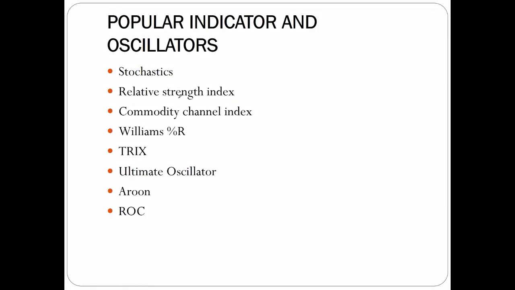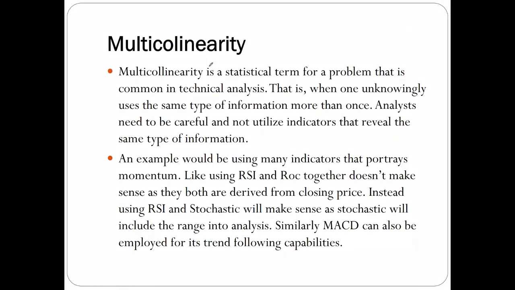Alright, if you are doing technical analysis and if you are already a trader, you must have come across all these things. If not all, maybe 80% of these things. And I'm very sure that you must have tried it also on the charts. So what is multicollinearity?